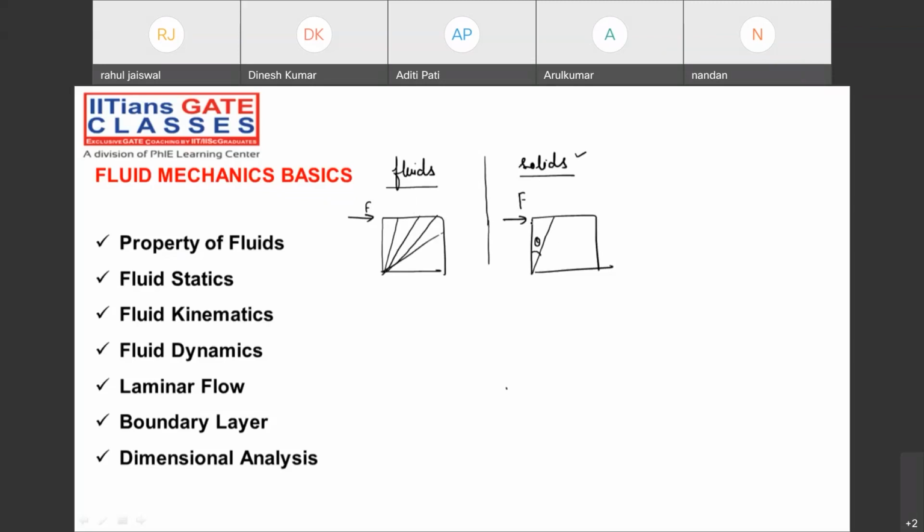Attraction between the molecules is stronger in solids, but lower in fluids. What is that property we say? Cohesive force. We have some elastic properties in solid mechanics. See here, the deformations are permanent in solids, right? When we are applying the tangential force, a fixed amount of deformation is happening just because of one elastic property, that is the modulus of rigidity, right?